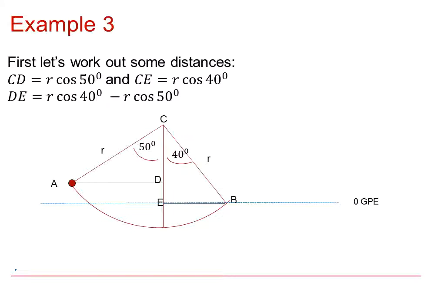So the first thing we need to do is to find the change in the potential energy. B is the final point, which is below it, and I've defined that as my zero potential energy level.